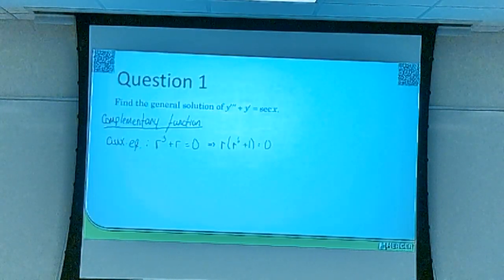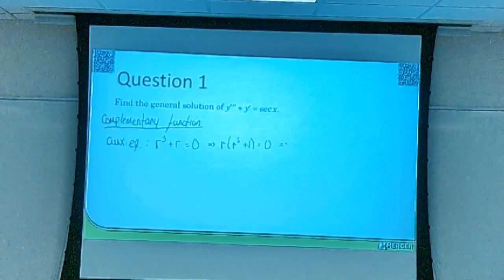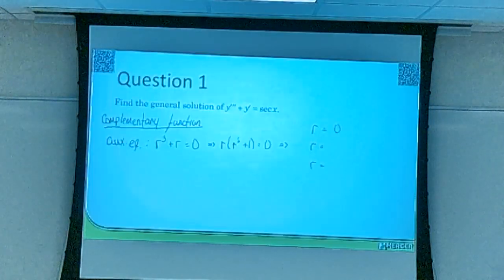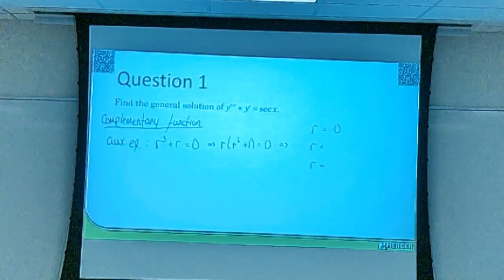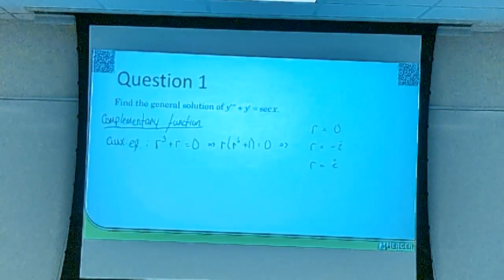I've got r times r squared plus 1 is 0. So what are the roots? Zero, plus or minus i. You're not technically incorrect with plus or minus negative i, we just never say that. It's plus or minus i, because it's r squared plus 1, not r squared minus 1.